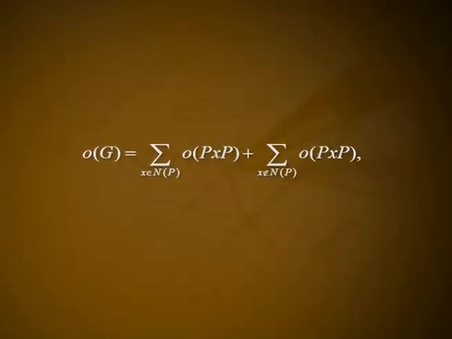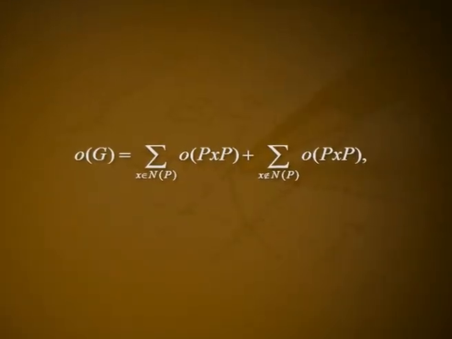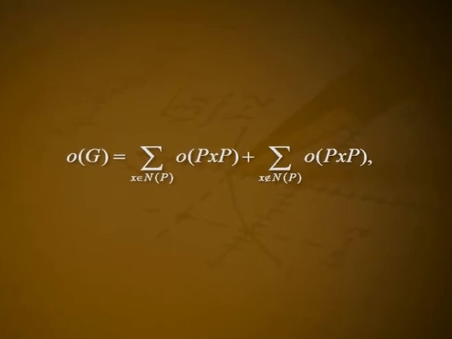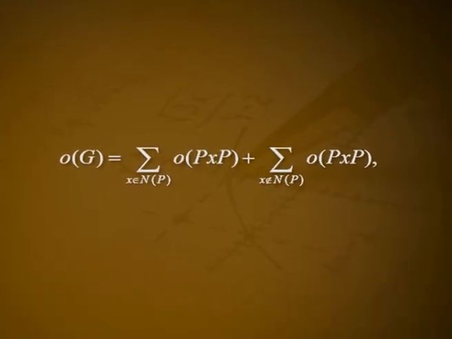Also, if x belongs to the normalizer of P, then PxP is equal to PPx, that is equal to P squared x, which is equal to Px. So, the order of PxP is equal to p raised to n in this case. Now, the order of G is equal to the summation taken over x belonging to the normalizer of P of the order of PxP, plus the summation taken over x not belonging to the normalizer of P of the order of PxP, where each sum runs over one element from each double coset.